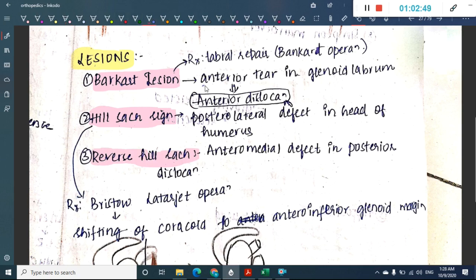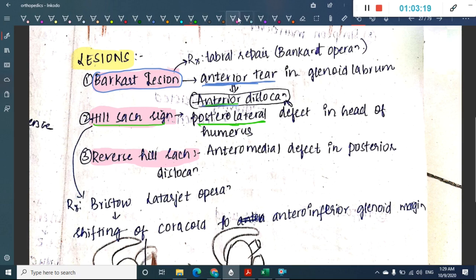So you should remember, in Bankart you see an anterior tear in anterior dislocation. In Hill-Sachs you see a posterolateral defect, also in anterior dislocation.